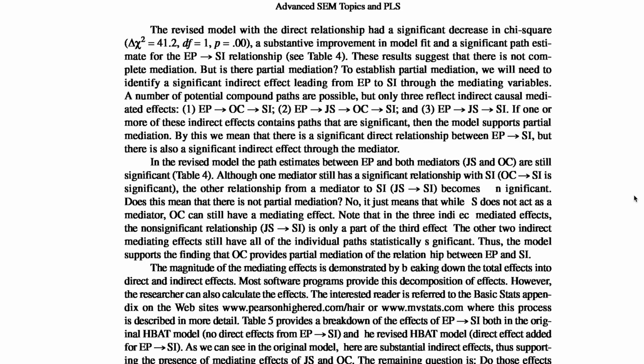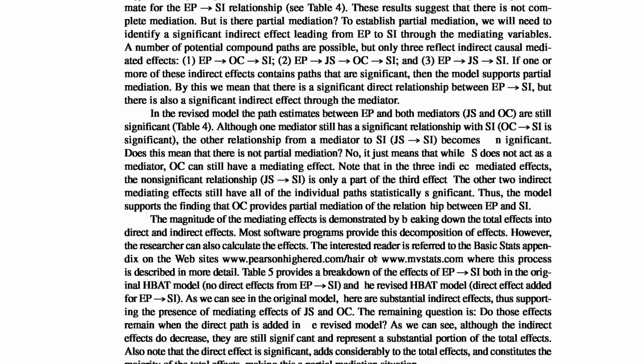The revised model with the direct relationship had a significant decrease in the chi-square, a substantive improvement in the model fit, and a significant path for the EP to SI relationship. Already seen in Table 4, the results suggest that there is no complete mediation.